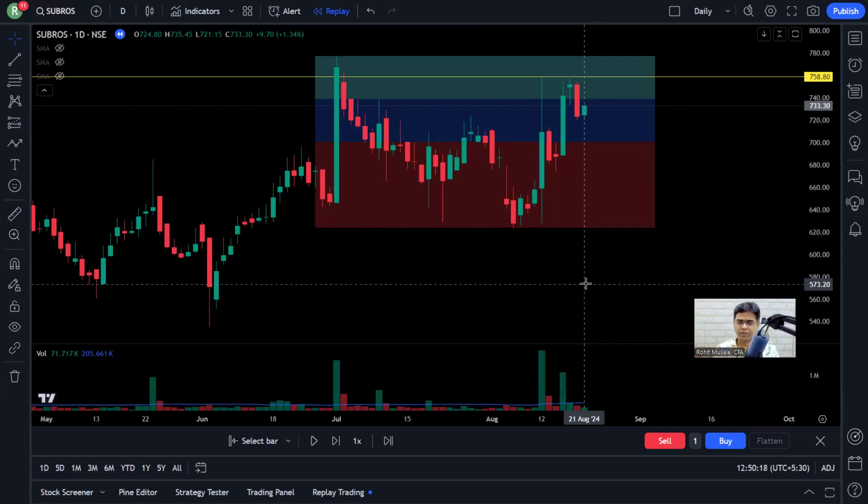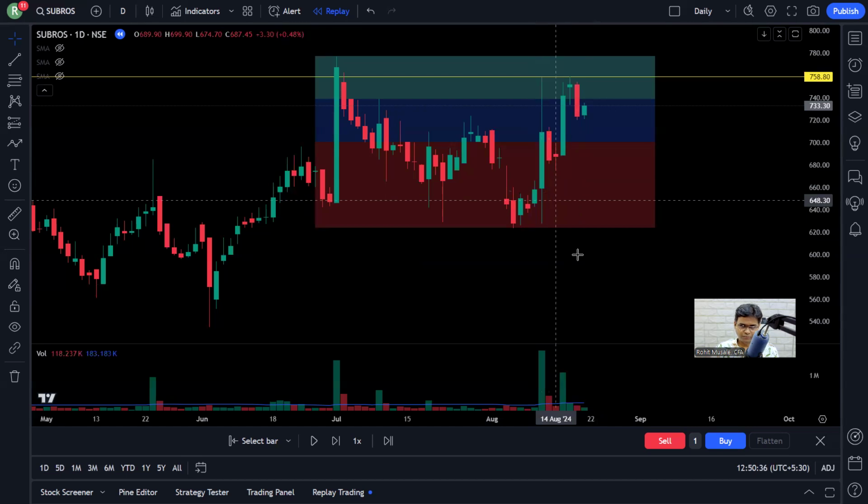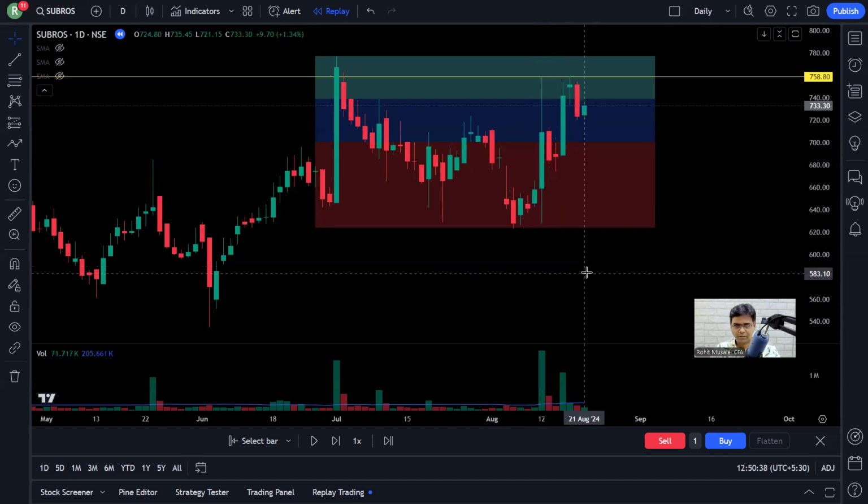Only then would I be interested in buying the stock. In such cases, even if I buy the stock 1% above the yellow line, it is still okay because it is coming out very powerfully. The supply on the right side has probably dried up. Here it's too volatile, which makes me uncomfortable.